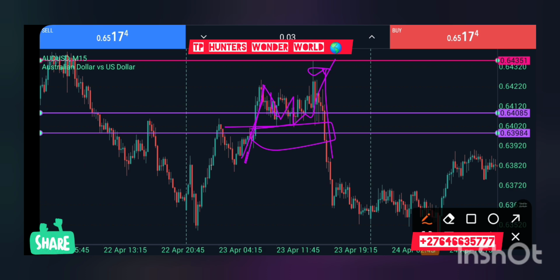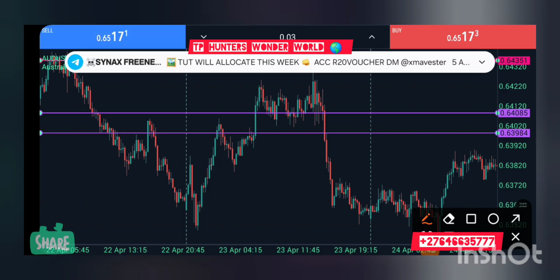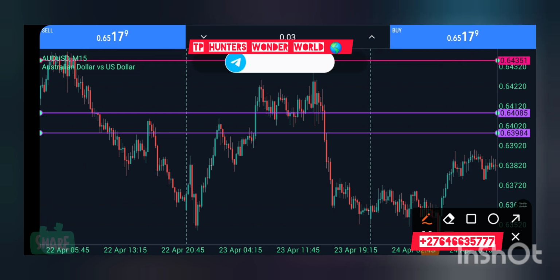So price will always, okay, let me teach you something you don't know. When you open your chart, if you see sell on your chart, just know that it's a lie. If you see buy, it's a lie. You rather wait for confirmations. When you see buy, wait for confirmations, rejections, engulfing candles, then enter the opposite direction.